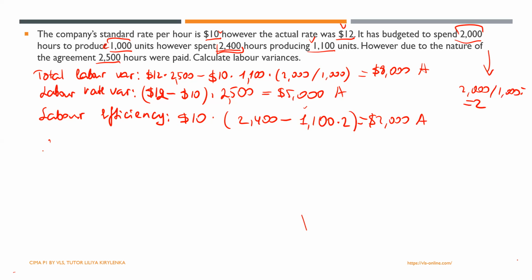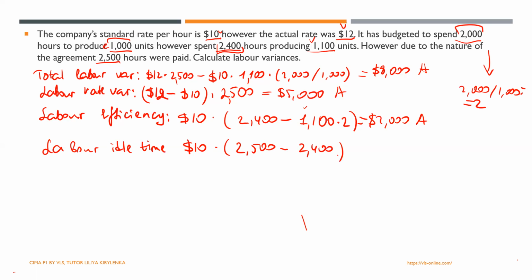But you know what? Well, actually, we paid for more than 2,400 hours. So labor idle time is going to be $10, because it's one of the examples of volume variance, multiplied by the actual number of hours paid less the amount that was needed to do the work.